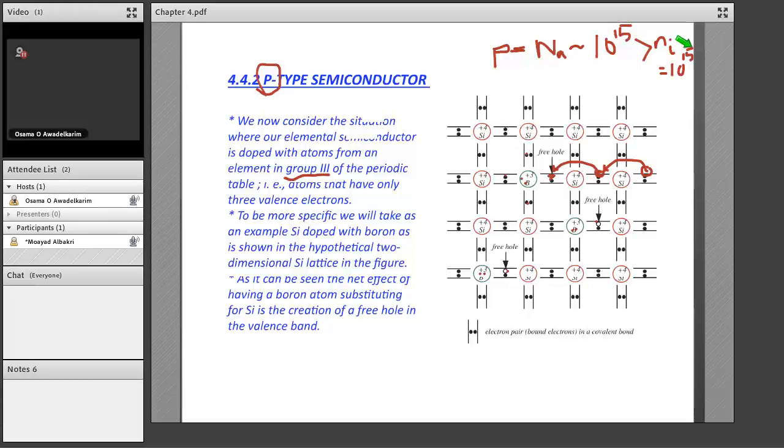So the resistance goes down from hundreds of kilo ohms in an intrinsic silicon to a resistance of few ohms in now a p-type silicon where p is more. Okay, so this is called p-type silicon.